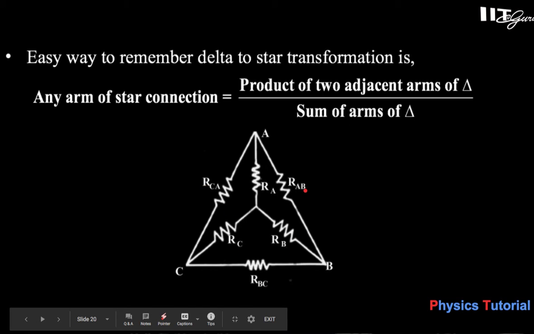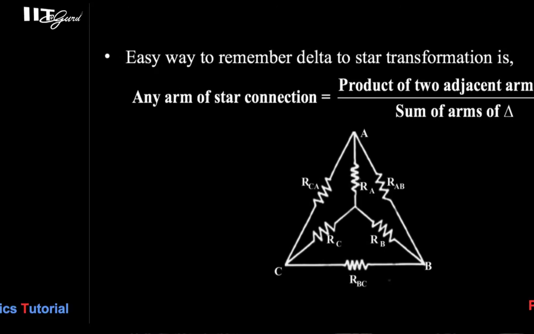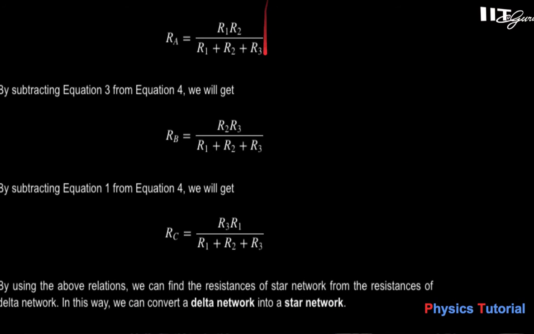So any arm of a star connection is equal to the product of two adjacent arms of delta divided by the sum of arms of delta. In this way you can remember all three relations.